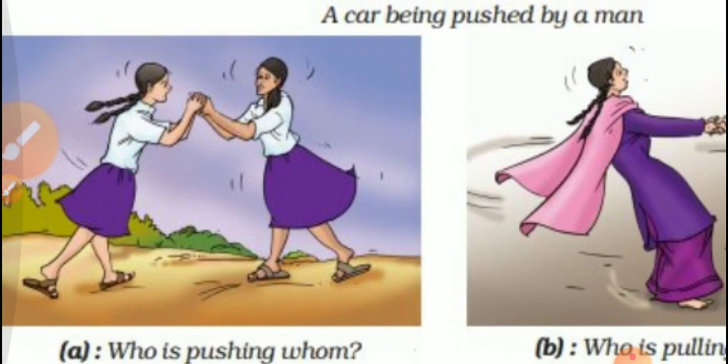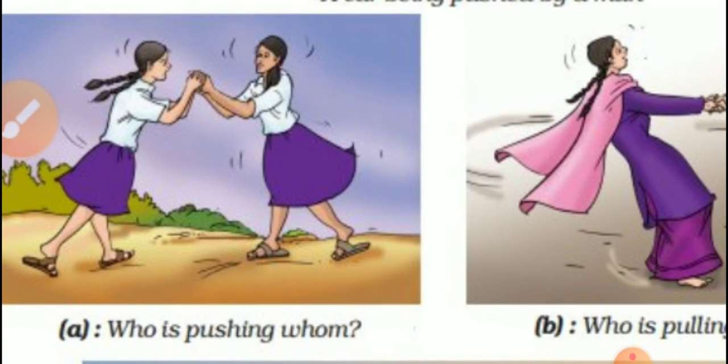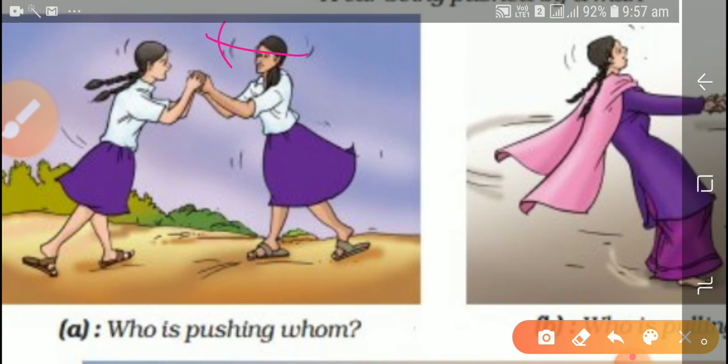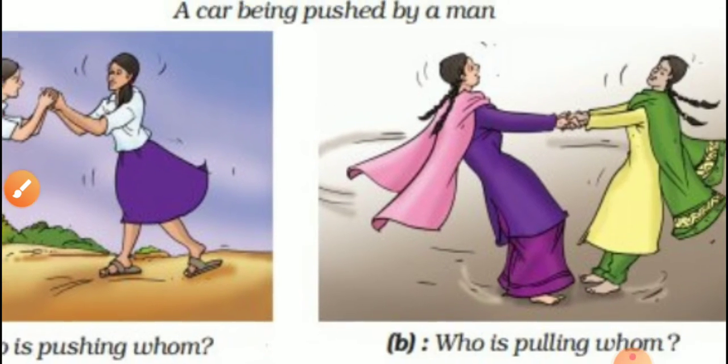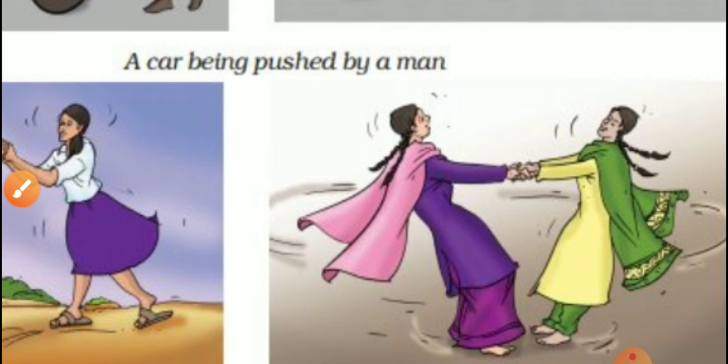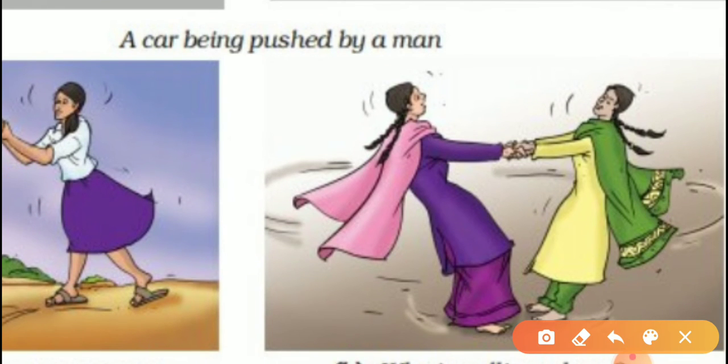Second example, who is pushing whom? Both the players are applying force on both sides. They are pushing each other, therefore it is also contact force. Now here also, they are pulling each other. Here pushing and here pulling. Both are pulling.